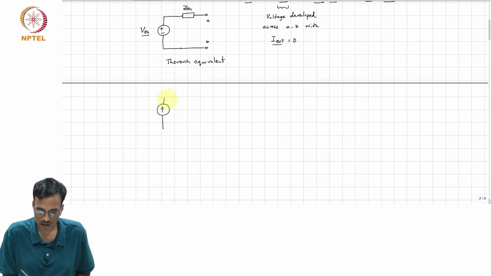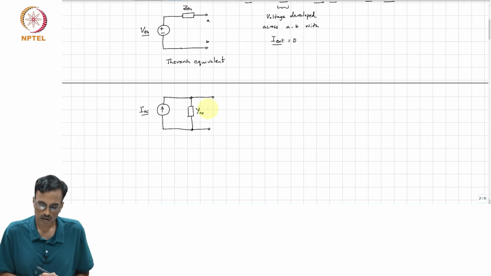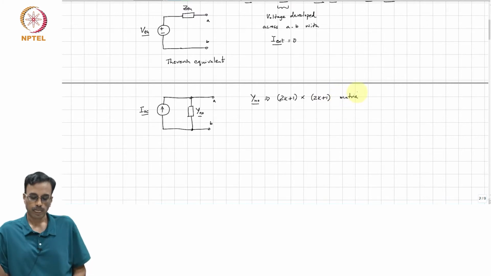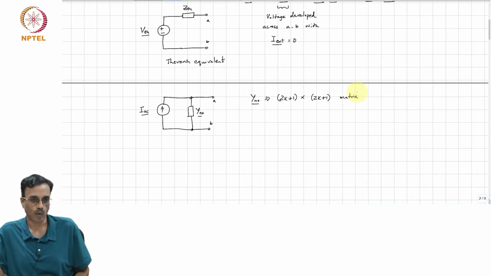This is the short circuit current phasor, and in shunt with it you have an admittance, YNO for Norton, and YNO is also a 2k plus 1 cross 2k plus 1 matrix, and you can write the voltage developed across AB in terms of ISC and YNO.